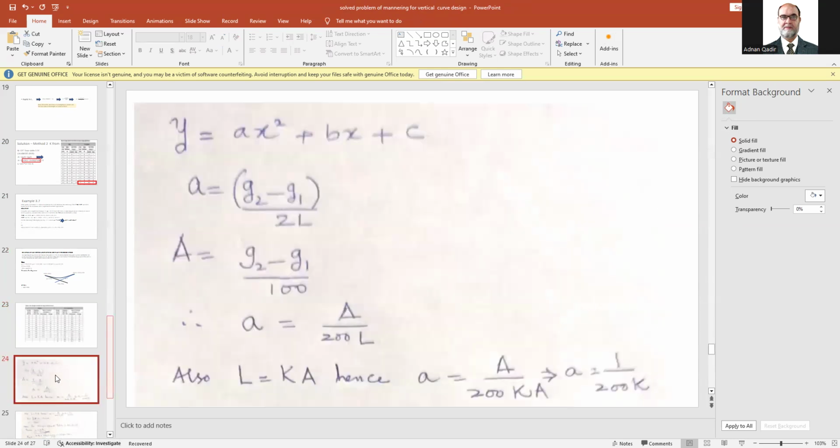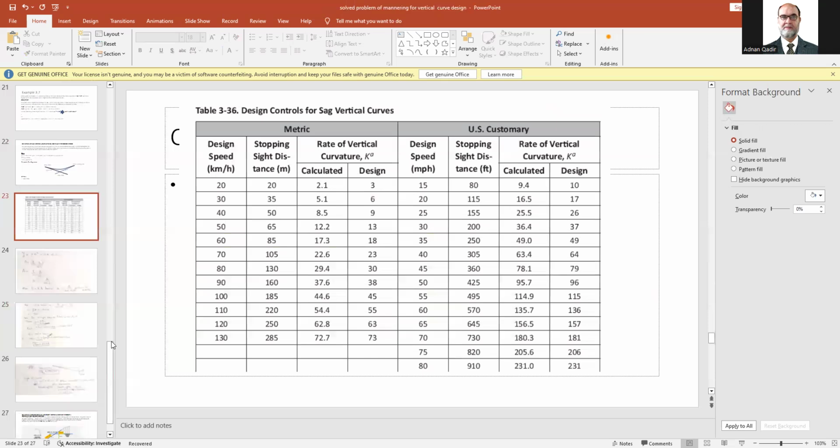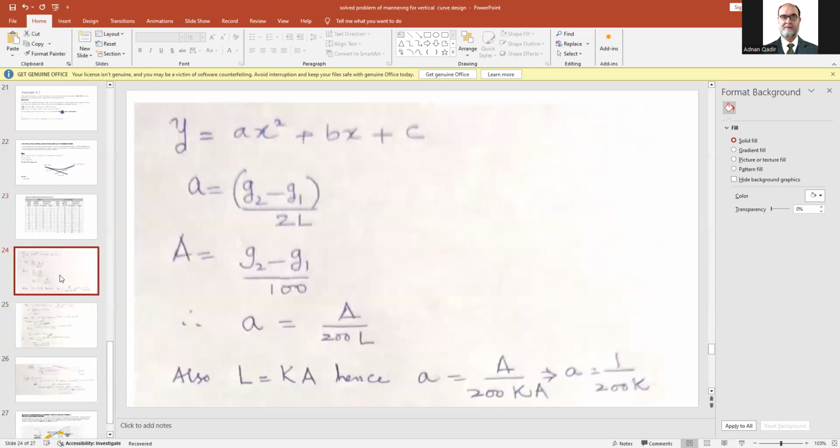So we can have length is 49 times A. But let's start with the basic.